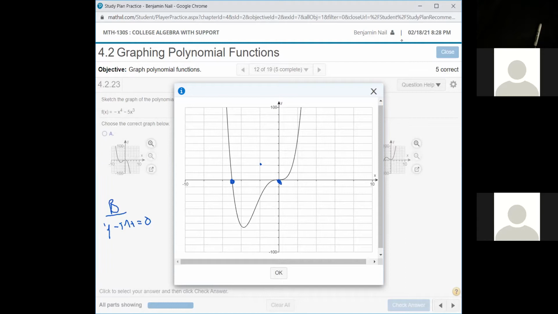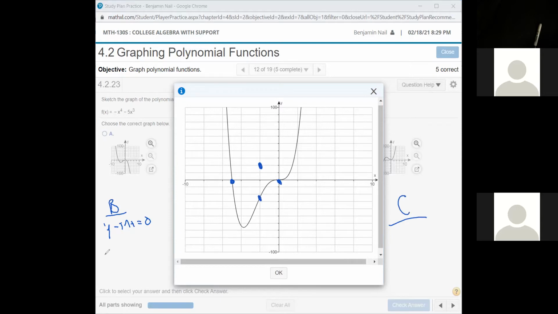So really the only way to differentiate between B and C would be based off of end behavior, or the value at -2. For choice B, if I plug in this -2 for x, the graph was up here. For choice C, if we plug in this -2 for x, we got some value down here.